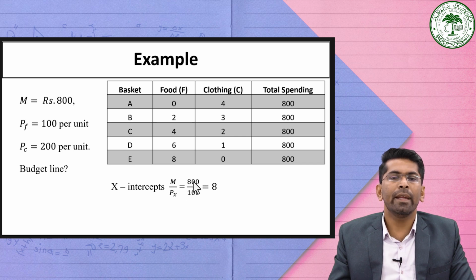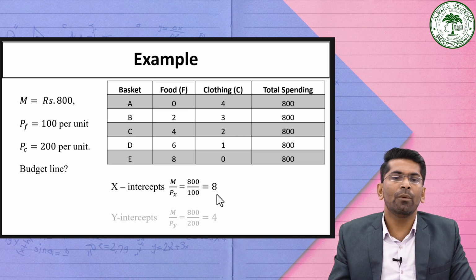M is here 800 and price of x, we are assuming, is the price of food, so it is 100, which is equal to 8. So this is considered the combination x. When y is equal to 0, that is clothing is equal to 0, then 8 units of food can be purchased.